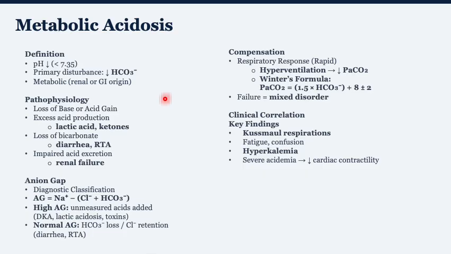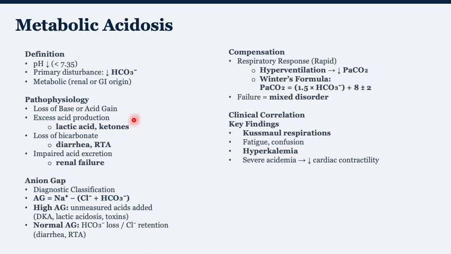So let's jump into the different disorders. Start off with metabolic acidosis. So by definition, the pH is less than 7.35. Primary disturbance, meaning you're going to have a low bicarbonate as well. This is metabolic in nature, and the origin can be renal or from a GI source. So the pathophysiology, there's a loss of base or acid gain.